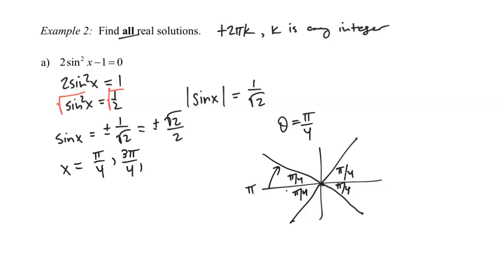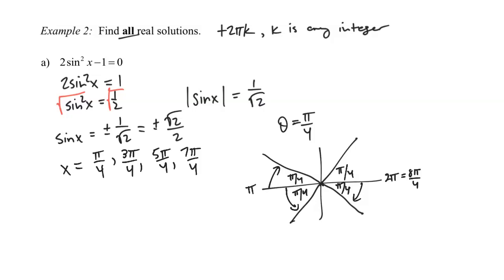In quadrant 3, we're going to be going forward pi over 4, so now adding pi over 4 to pi, and that's going to be 5 pi over 4. And then in quadrant 4, we're going to be going backwards from 2 pi, which is really the same thing as 8 pi over 4. If I go backwards 1 over 4, that's going to be 7 pi over 4. And so I've got 4 answers to this equation right there.